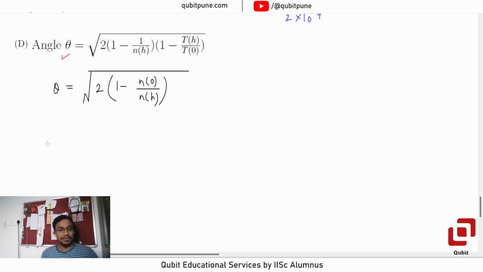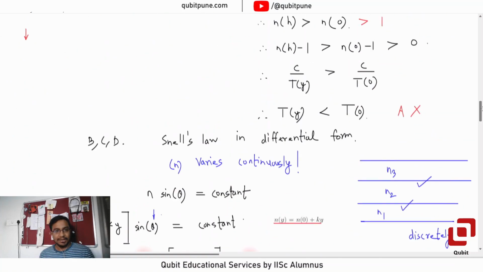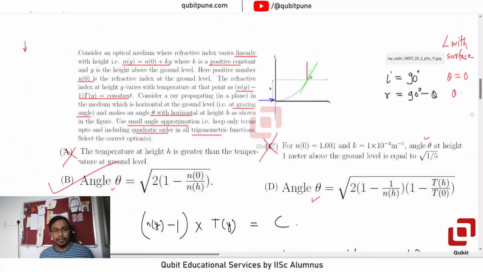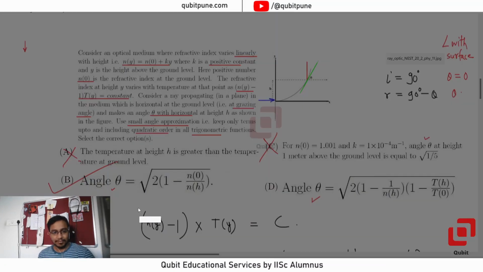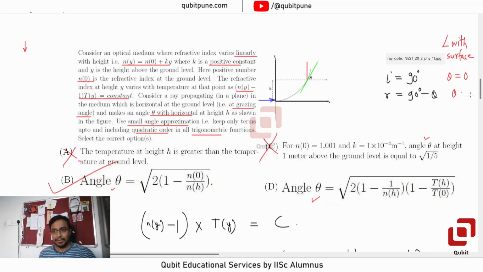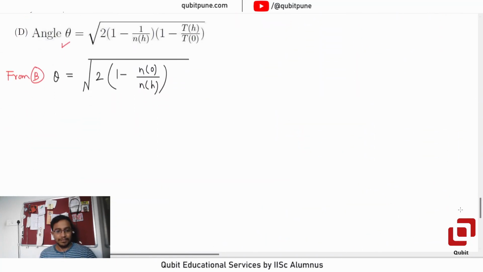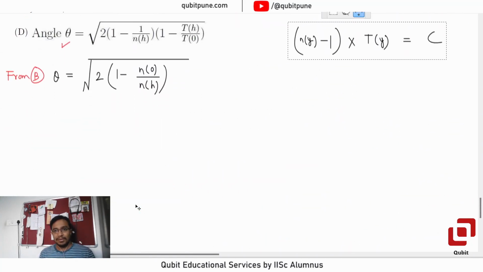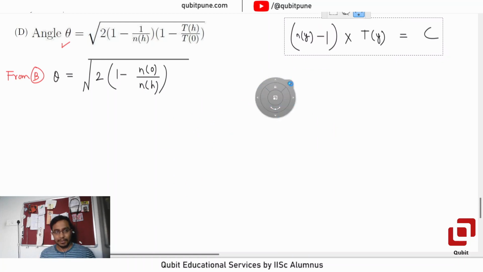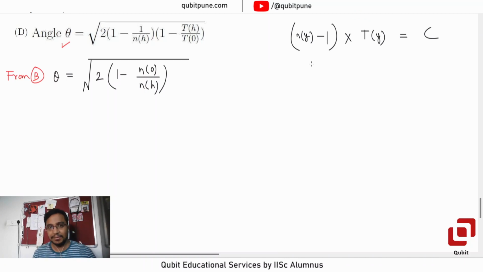This relation is from B. And we also know another relation between refractive index and temperature that is given in the problem: ny minus 1 into Ty equal to constant. So we have to make use of this relation as well to get to option D. Let's see if we can get it, or do we get something else?